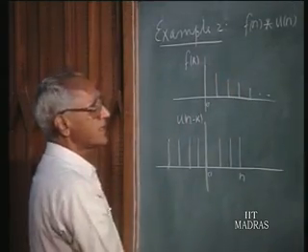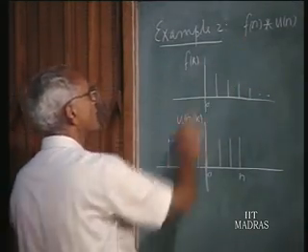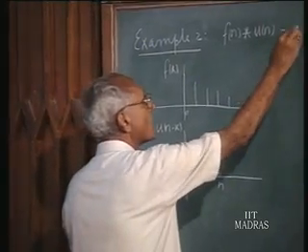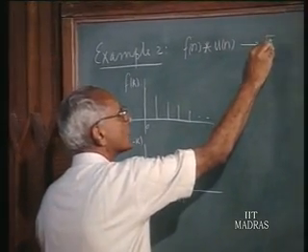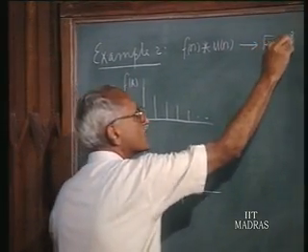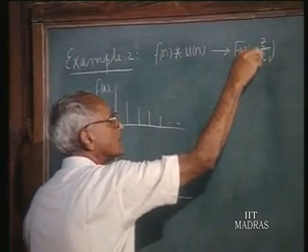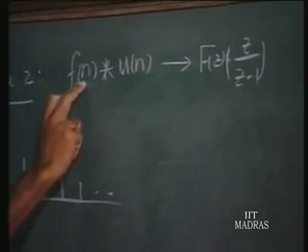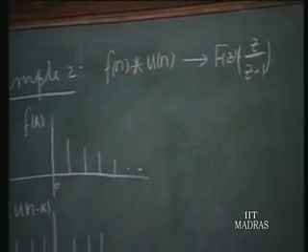Let us consider a second example. If a general function f(n) is convolved with u(n), we know its Z transform will be F(z) times z upon z minus 1. Now let us look at the meaning of this convolution f(n) star u(n).